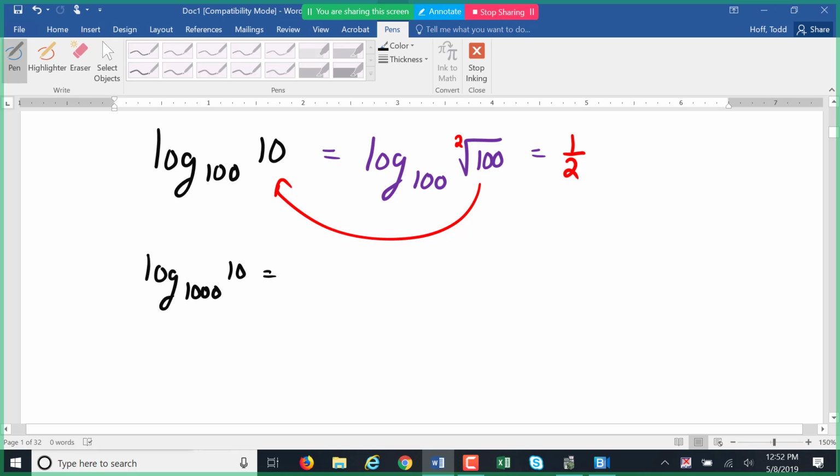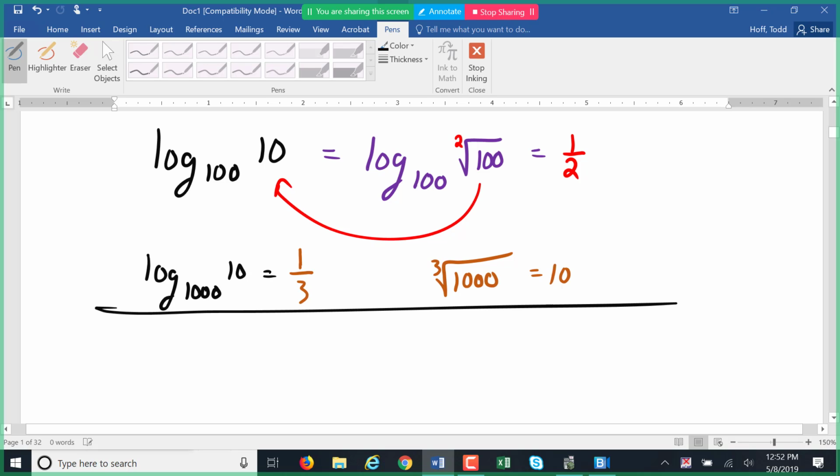What would log base 1,000 of 10 be? The third root of 1,000 equals 10. So the log base 1,000 of 10 is 1/3.